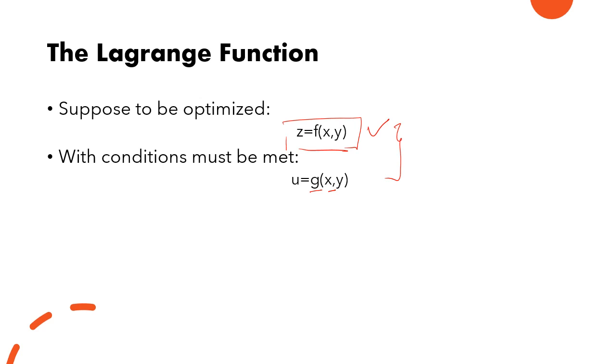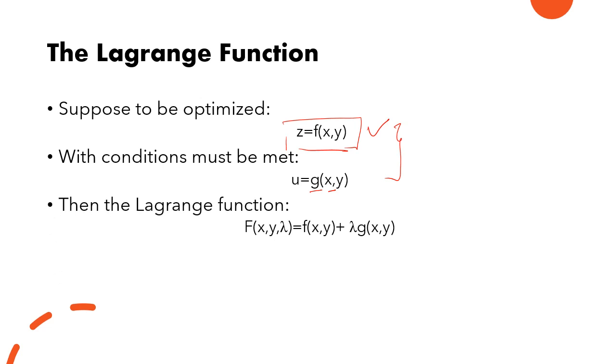The function will be like this. We rewrite the function as big F, and it will contain no longer two variables, but another one here, lambda. This big F function will be the small f, the z, plus lambda u.